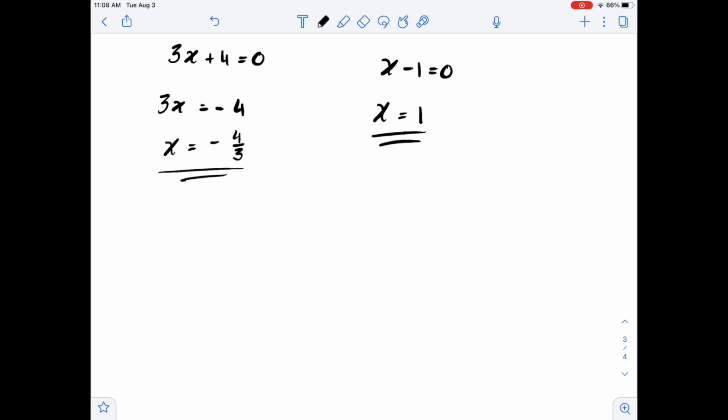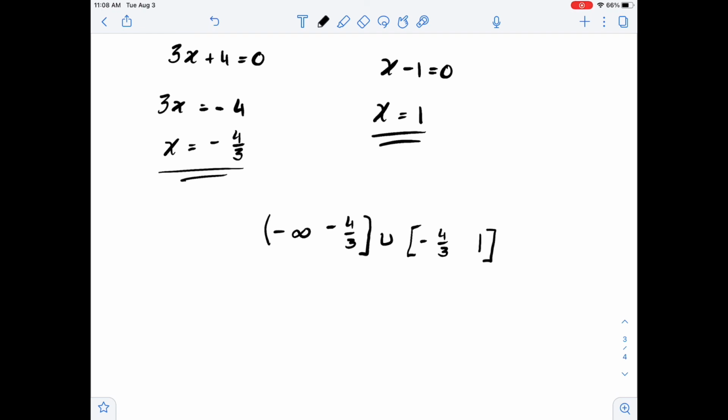The negative 4 over 3 is to the left. If you like, it's a smaller number than 1, a lesser number. And so when I'm writing my domain, that's going to come first. I'm going to have negative infinity to negative 4 over 3, bracket, union, negative 4 over 3 all the way to 1.